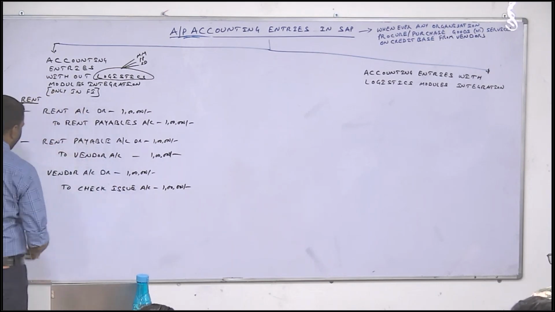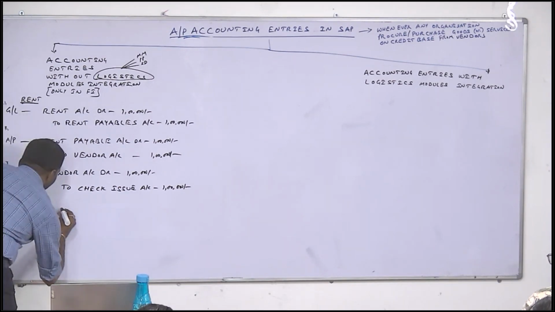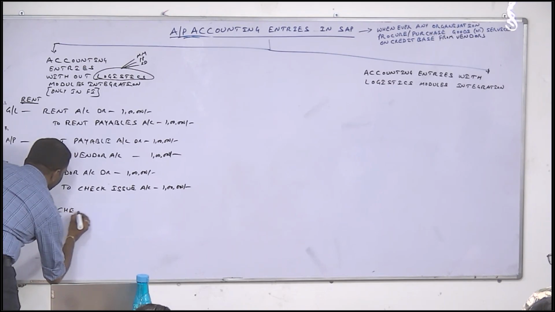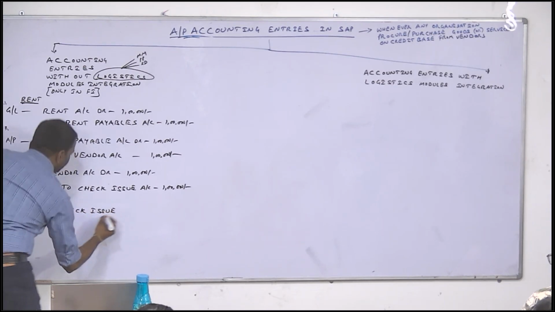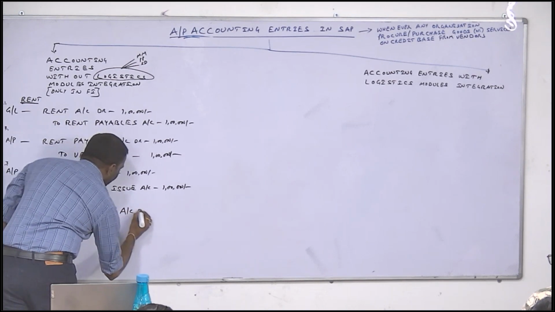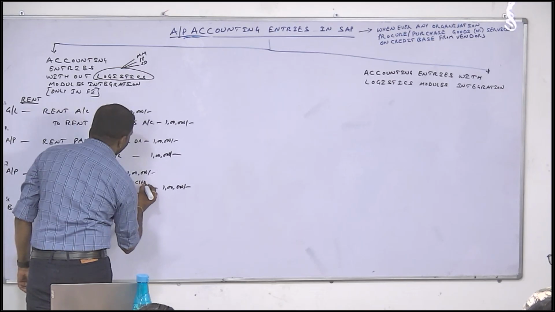Then tell me, what is the accounting entry? Anyone? Whenever I do BRS, what is the accounting entry? Check issue clearing account. It's okay for your understanding.